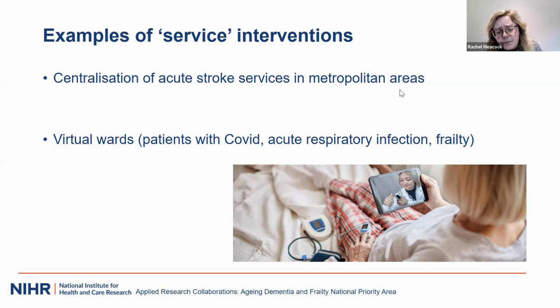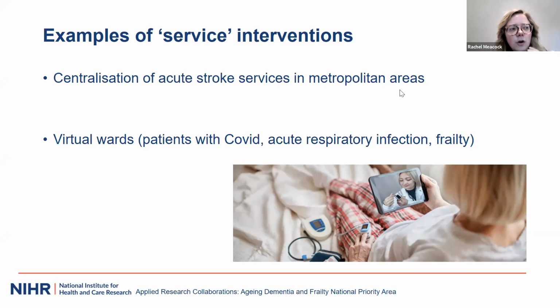And I think for ageing and frail patients, the new thing, although some of you know it's not really new, is virtual wards. The notion that instead of providing care for patients in a typical physical hospital ward, there are a lot of moves in the NHS to provide virtual wards where people are in their own homes and they're remotely monitored by healthcare professionals.